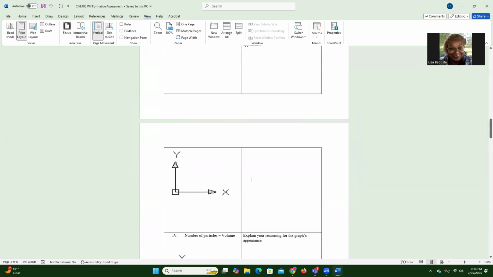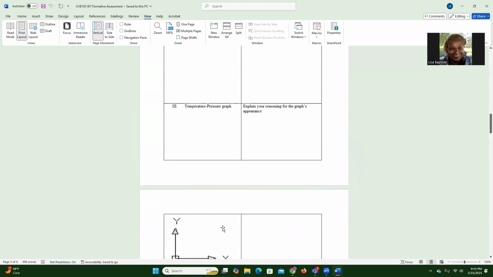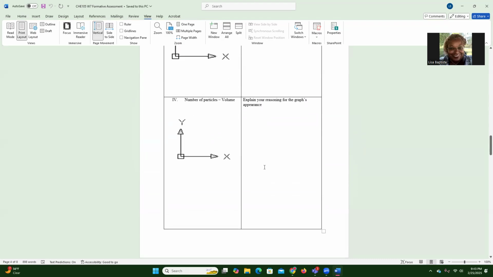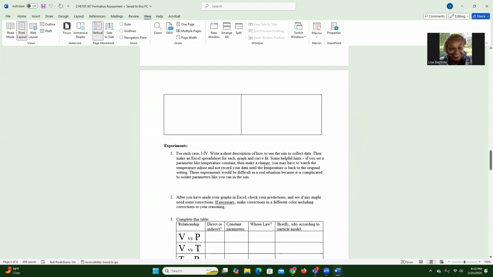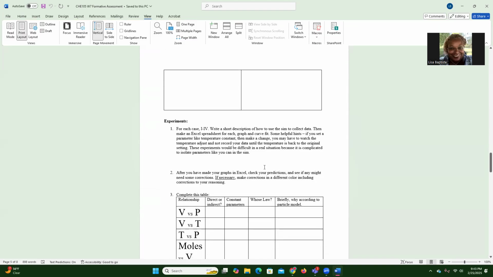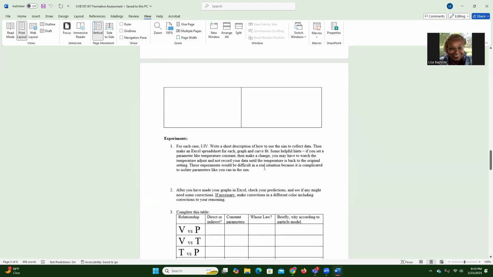Okay, so the boxes don't always correlate, but anyway, this graph goes with temperature pressure, and then the number of particles in volume. All right, and so then you're going to do the experiment. Okay, this is what you're using the PhET simulator to do.